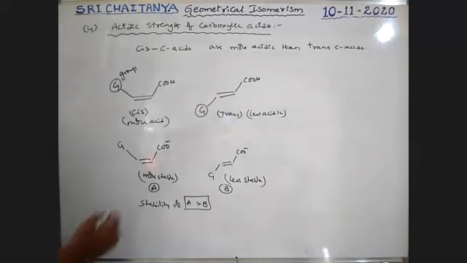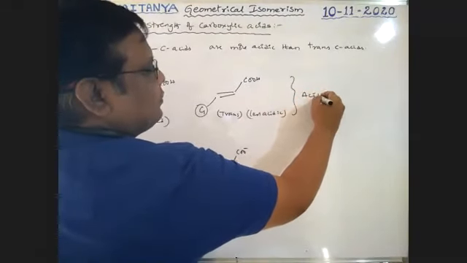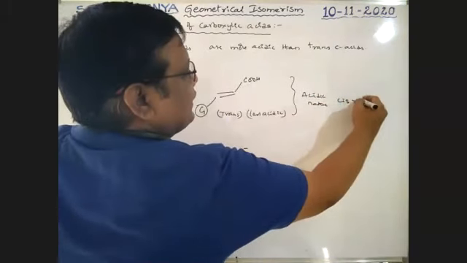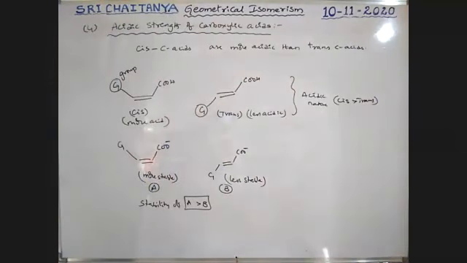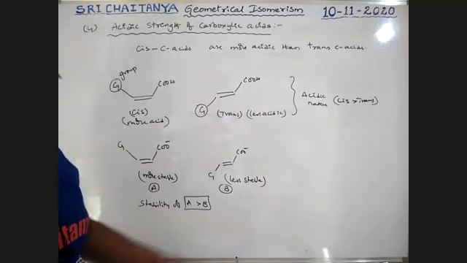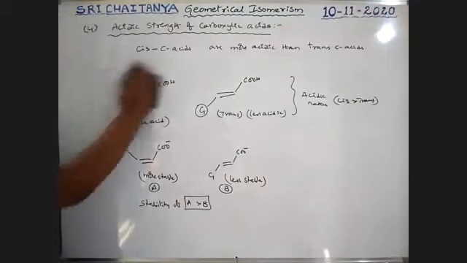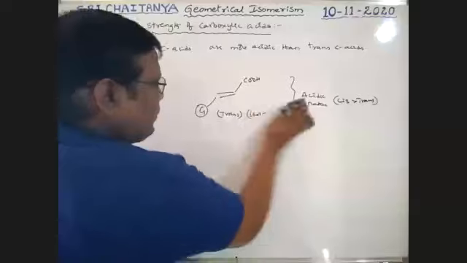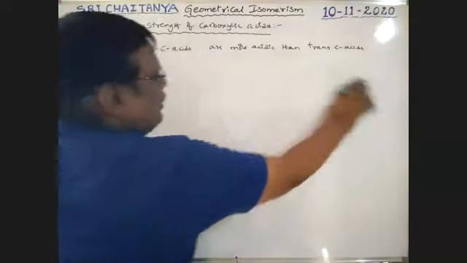Okay. So this is the acidic nature: cis greater than trans. Why, sir? Because of this condition, cis compounds are more stable than trans compounds. Let us take an example. Maleic acid, fumaric acid, already we covered.